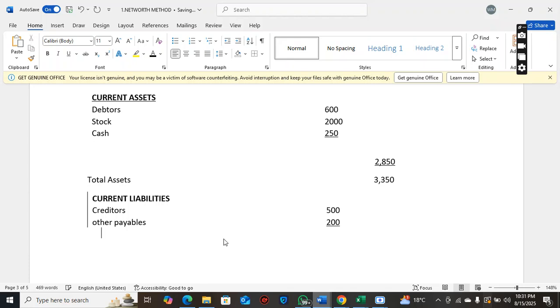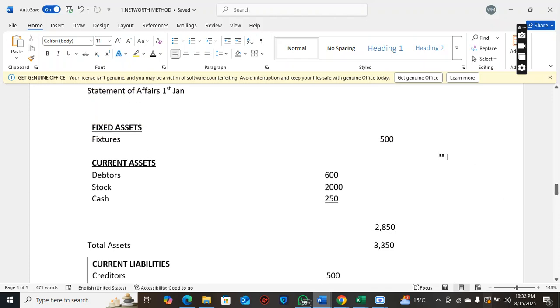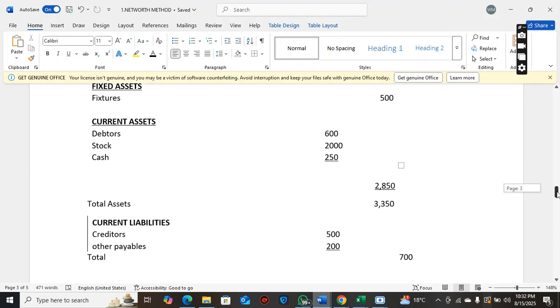That is 700. You can make a table. You can make columns. You can put two columns.